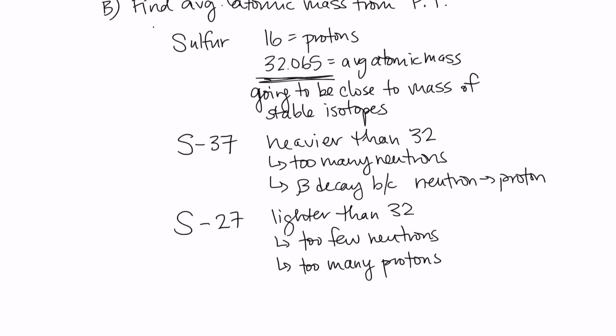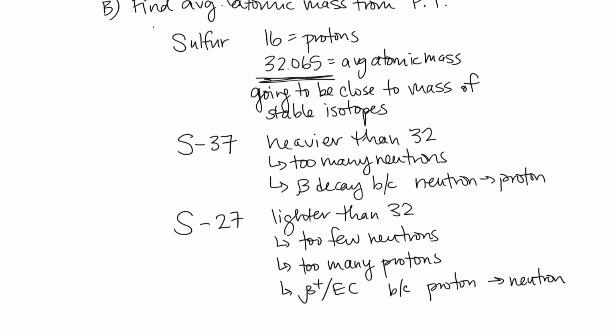And if it has too many protons, then we know positron emission or electron capture are the most likely, and that's going to be because they're going to turn a proton into a neutron. And so by doing that, it's going to move the nucleus closer to the ratio that is stable.